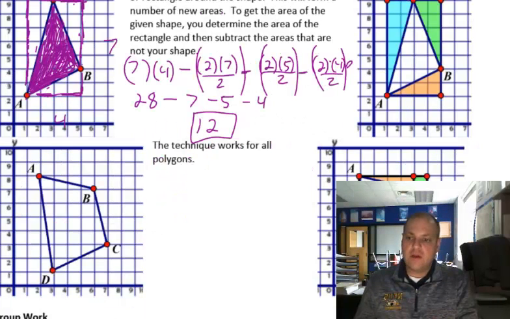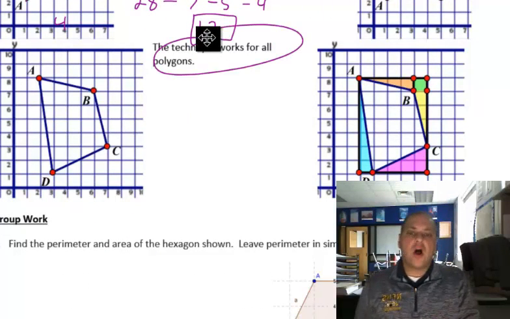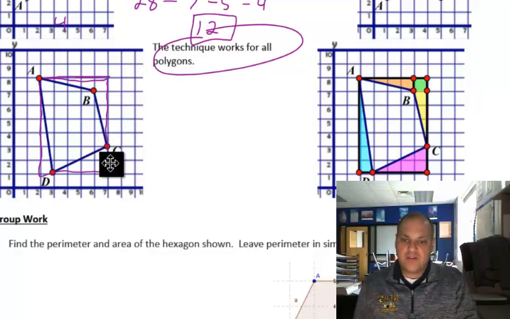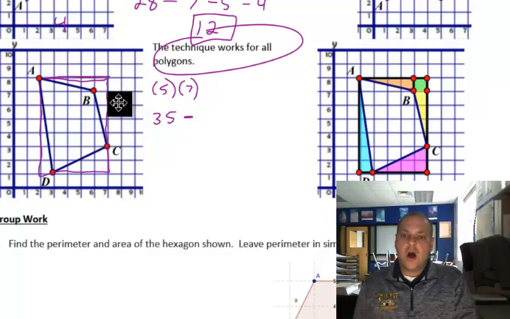Could do the same thing here. Now it's a quadrilateral, but it works for all polygons. I'm just going to box it in. Okay. 1, 2, 3, 4, 5 by 1, 2, 3, 4, 5, 6, 7. It's a 5 by 7. So it's 35 total minus all these.